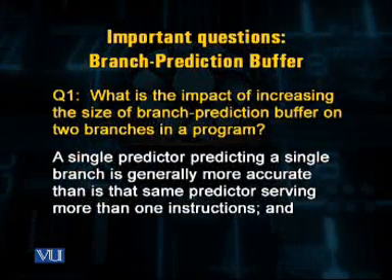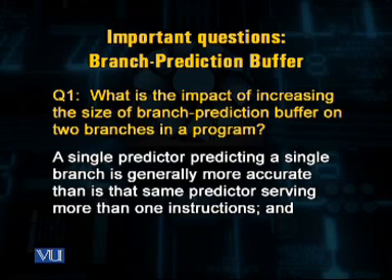As you know, a single predictor predicting a single branch is generally more accurate than the same predictor serving more than one branch. Moreover, it is less likely that two branches in a program share a single predictor.